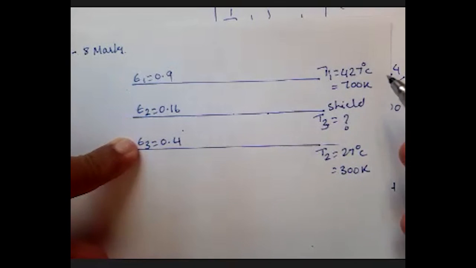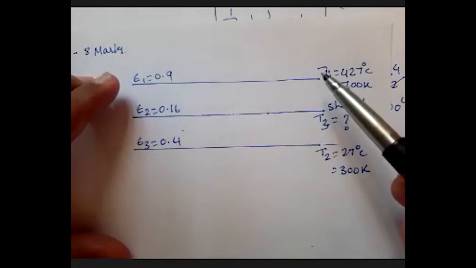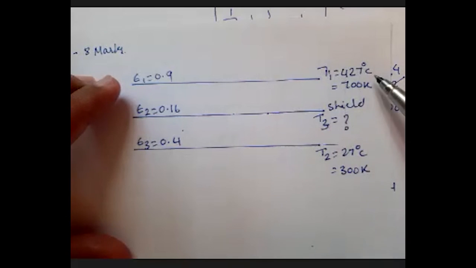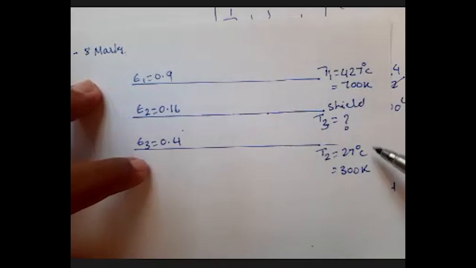I want you all to solve this problem for your homework. I have the same surface temperature T1 427 degrees Celsius, that is 700 Kelvin. Surface 2 temperature 27 degrees Celsius, that is 300 Kelvin.